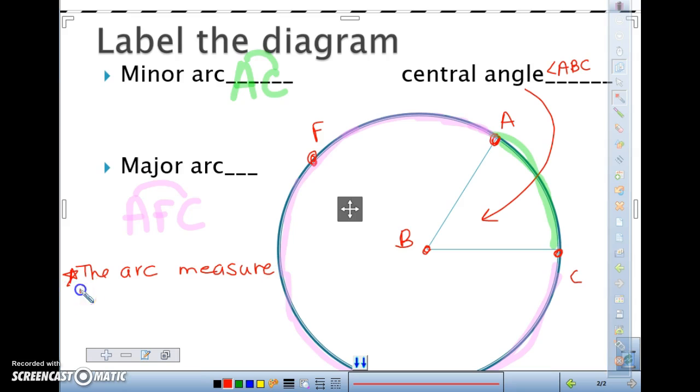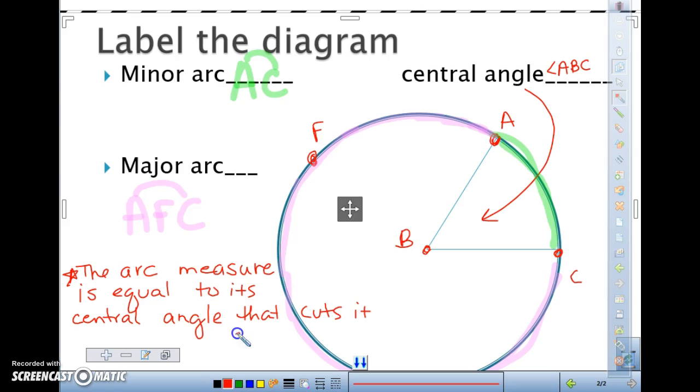The arc measure is equal to its central angle. And we're going to use that next in a couple of examples.